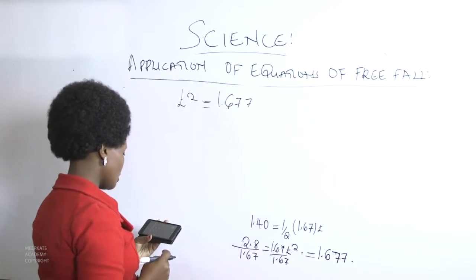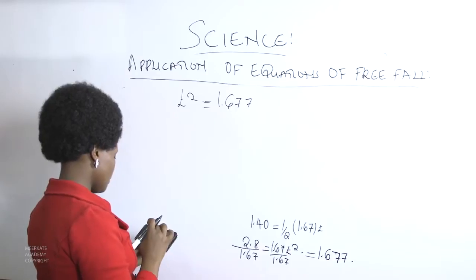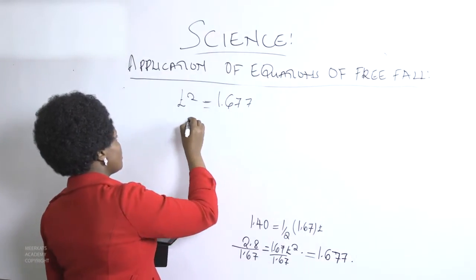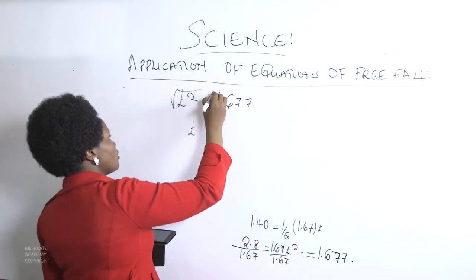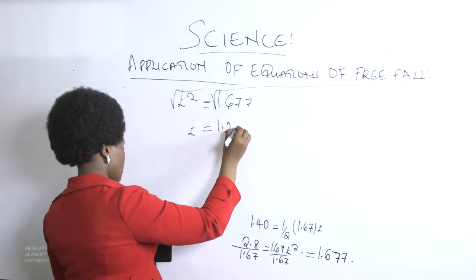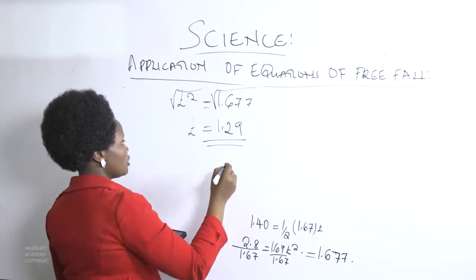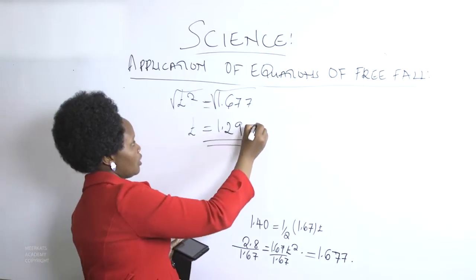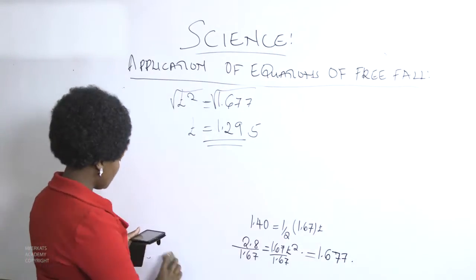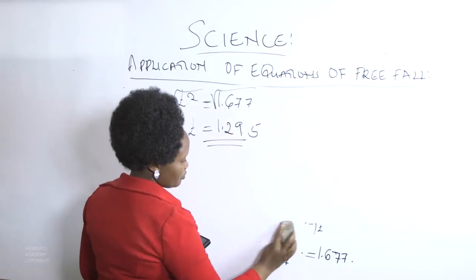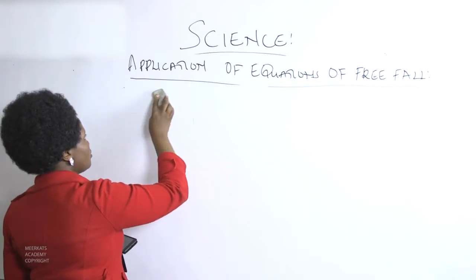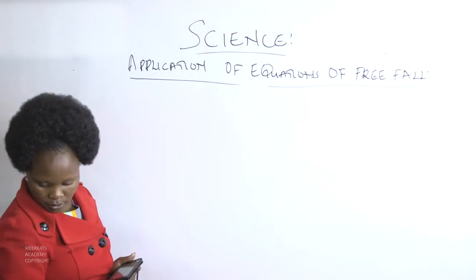We want to get the square root of that, and this gives us 1.29. Remember, it's time, therefore the units are seconds. Let us look at another example. Example 2.